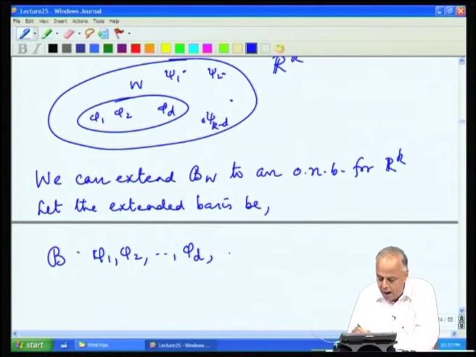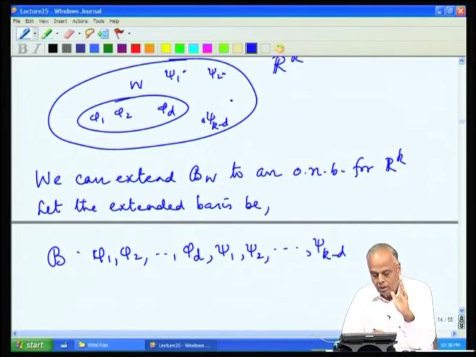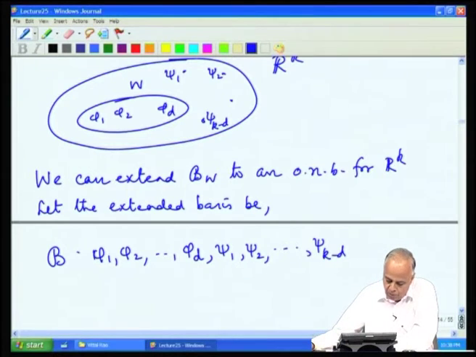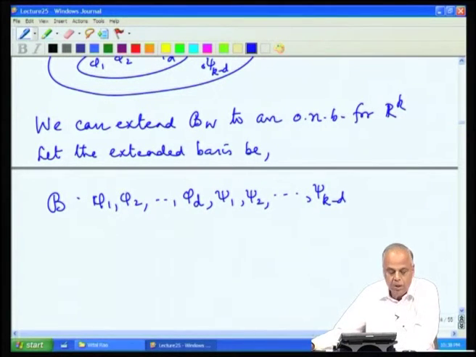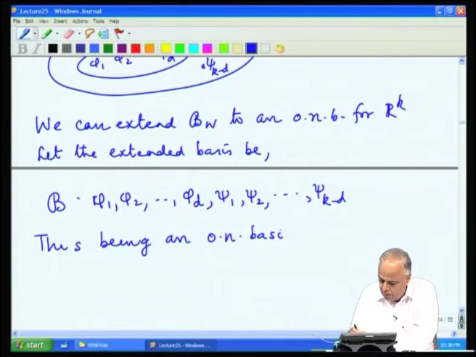To this we will append psi 1, psi 2, psi k minus d. So, this is now a basis for R k and it is an orthonormal basis.